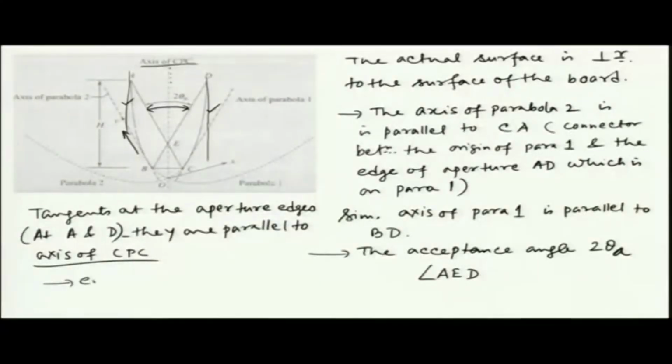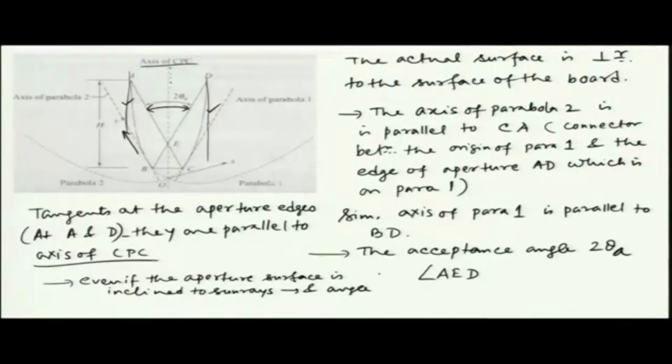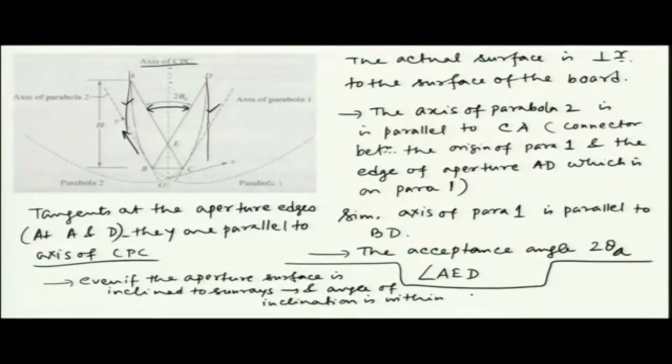So, even if the aperture surface is inclined to sun rays, and the angle of inclination is within this 2 theta A, which is the acceptance angle, then the ray will reach the receiver surface.